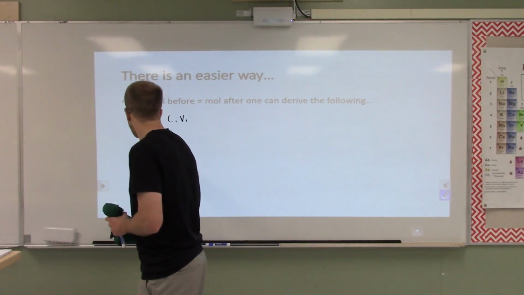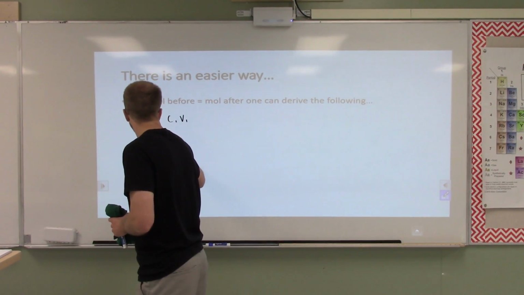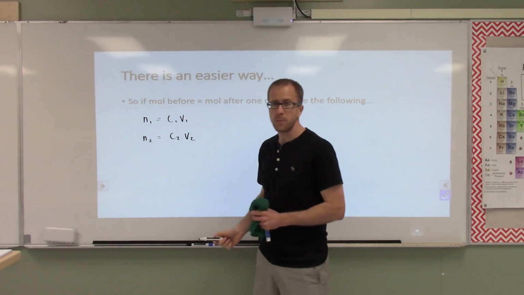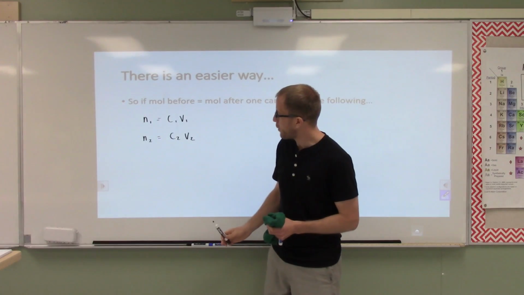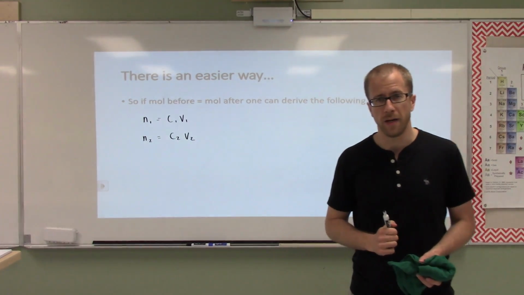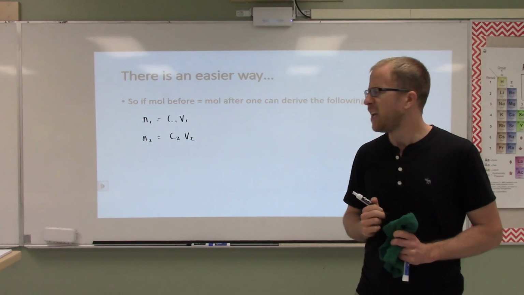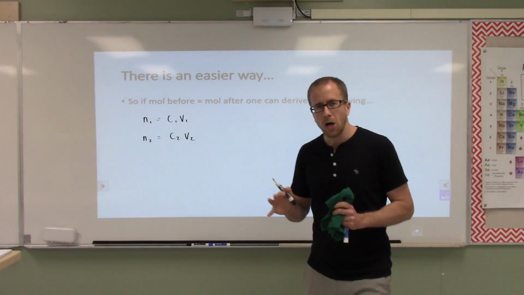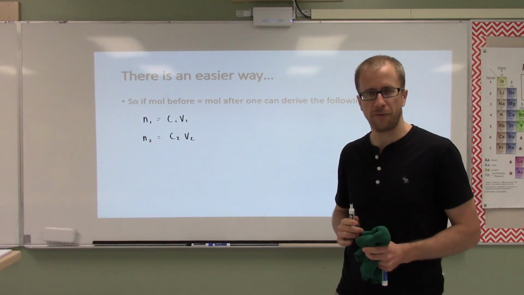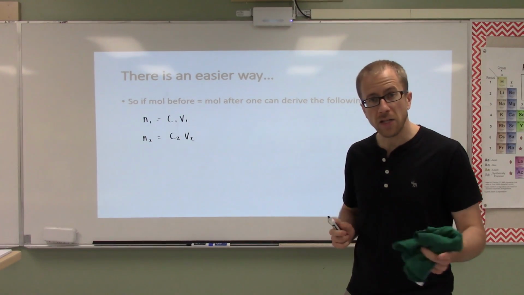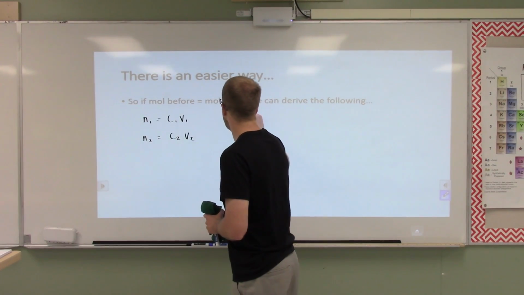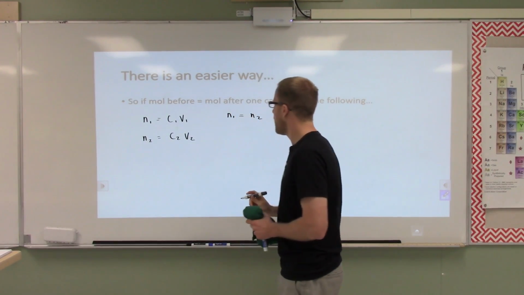And N2 is going to be equal to C2V2, where this represents our moles after, our concentration after, and our volume after dilution. What do we know about our moles? Is our moles before going to be equal to our moles after? The answer is yes. The number of moles before is going to be equal to the number of moles after.